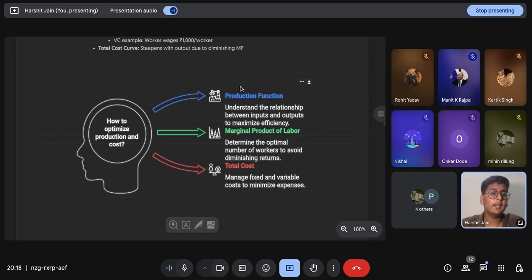Like you are running a samosa shop, and you have two workers who make 100 samosas in 1 hour, and now you hire one more worker at the same wages as the other two, and now you are getting 130 samosas per hour. So the marginal product is diminished by hiring one more worker.